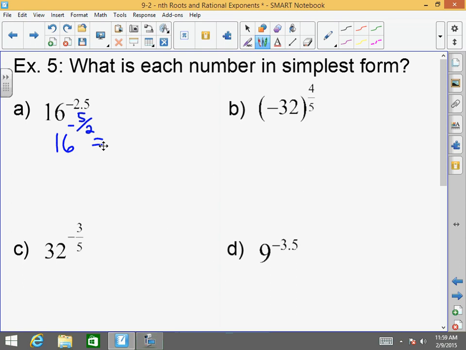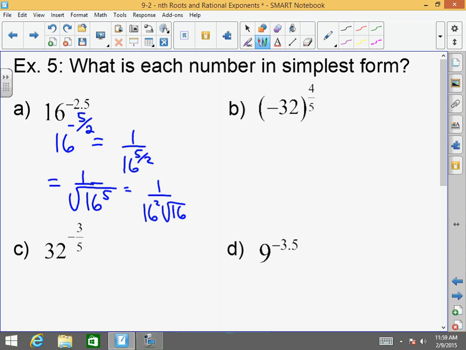I have 16 to the negative 5/2, which equals 1 over 16 to the 5/2, which equals 1 over the square root of 16 to the 5th power. 5 divided by 2 is 2, so I can take out 2 sets of 16. So I've got 1 over 16 squared times the square root of 16 left over.